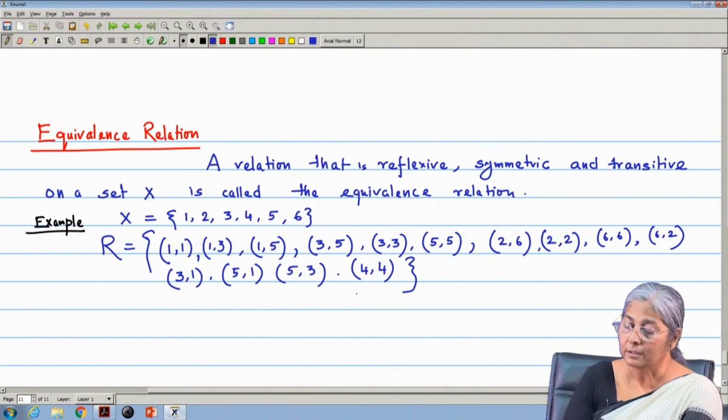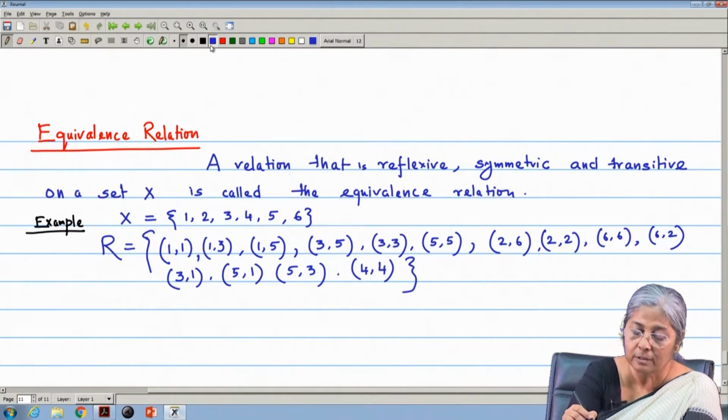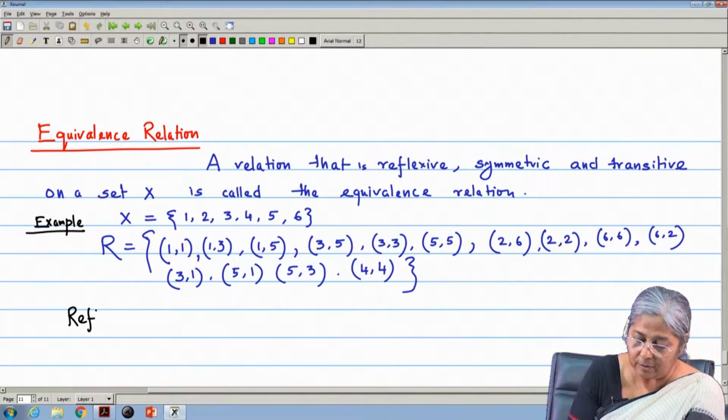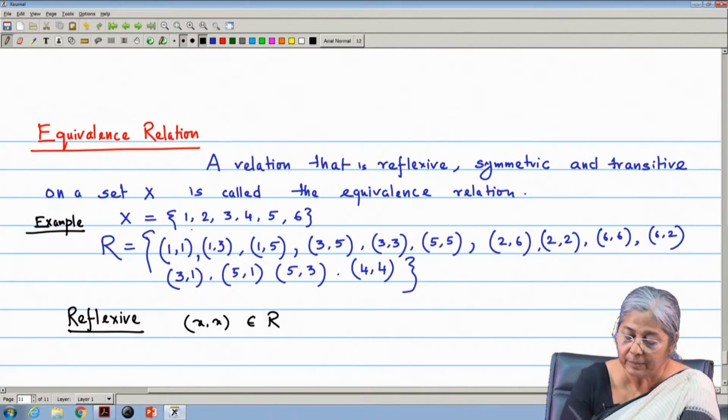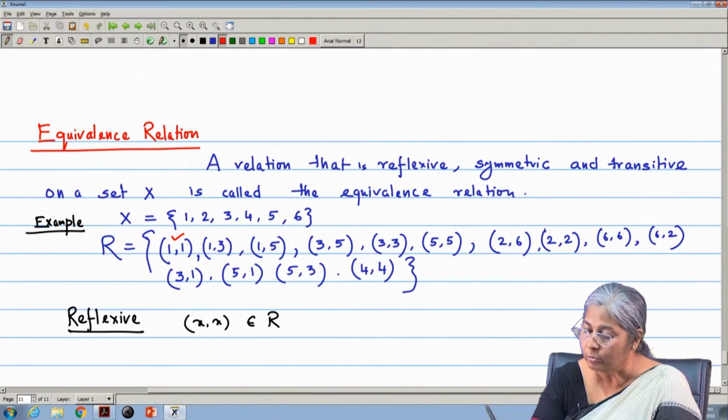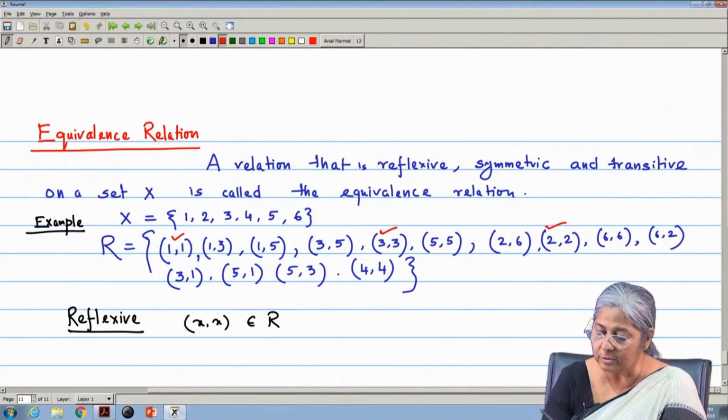Then first I check whether this is reflexive or not. If we remember the definition of reflexive, for all x, (x,x) belongs to R. So, for this one we see that (1,1) is there, (2,2) is there, (3,3) is there, (4,4) is there, (6,6) is there, (5,5) is there.